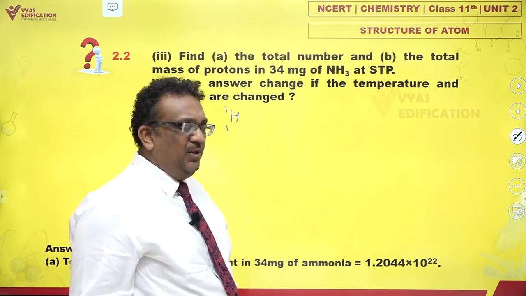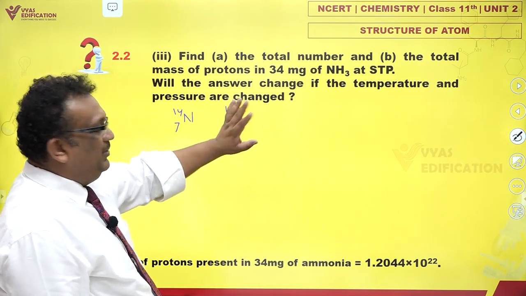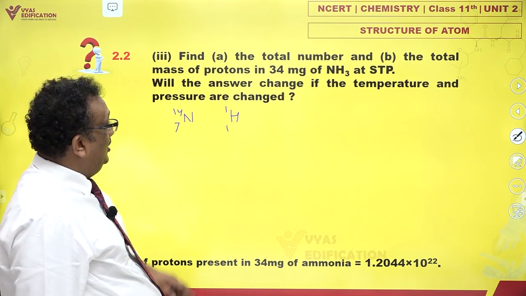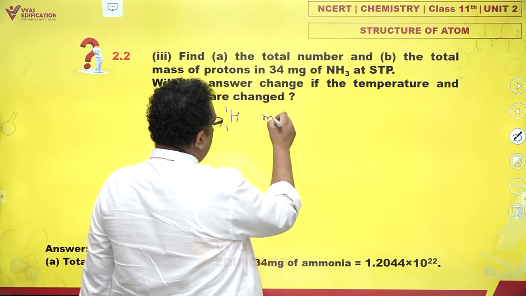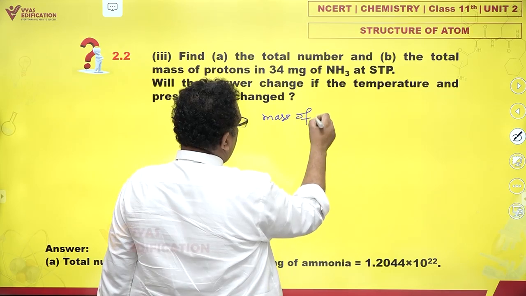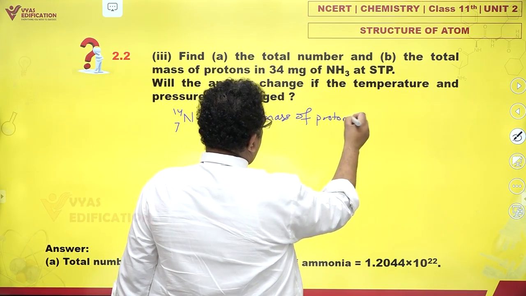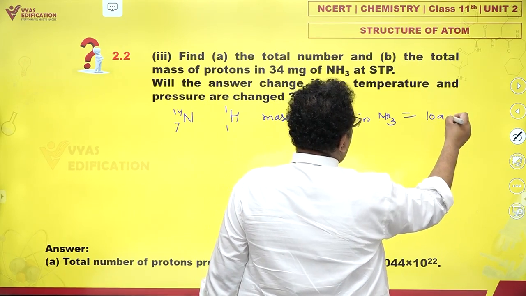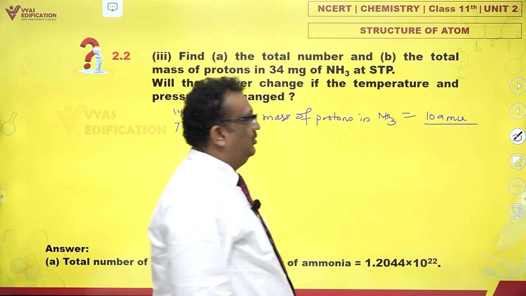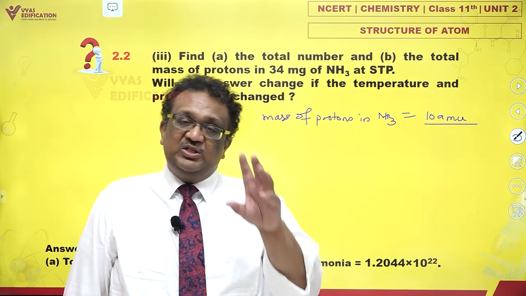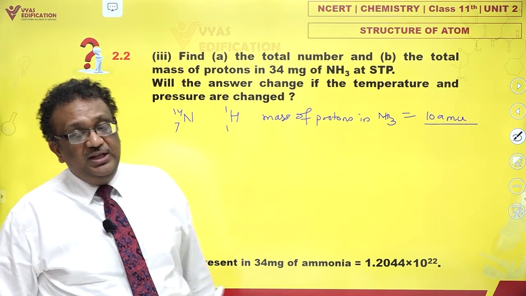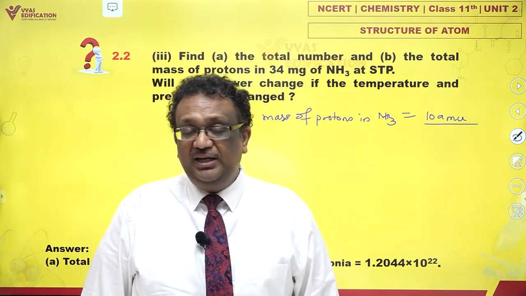Very approximate, but reasonably accurate. So, mass of protons in one molecule of ammonia is 10 AMU. Why? 7 AMU is the mass of protons in nitrogen, 1 AMU in each hydrogen. There are 3 hydrogens, so 7 plus 3, 10 AMU.